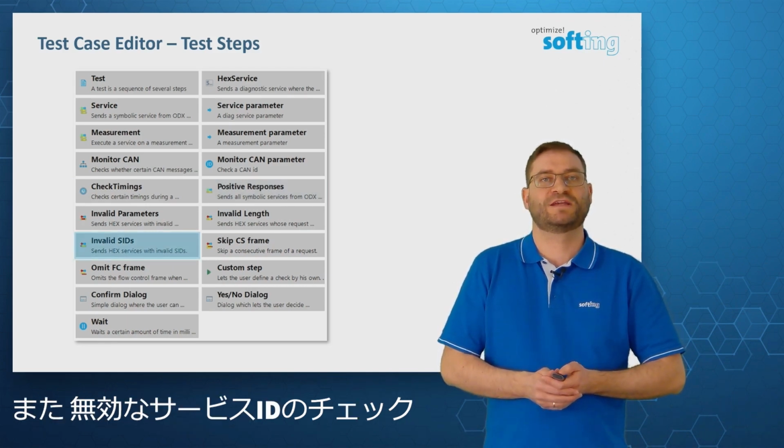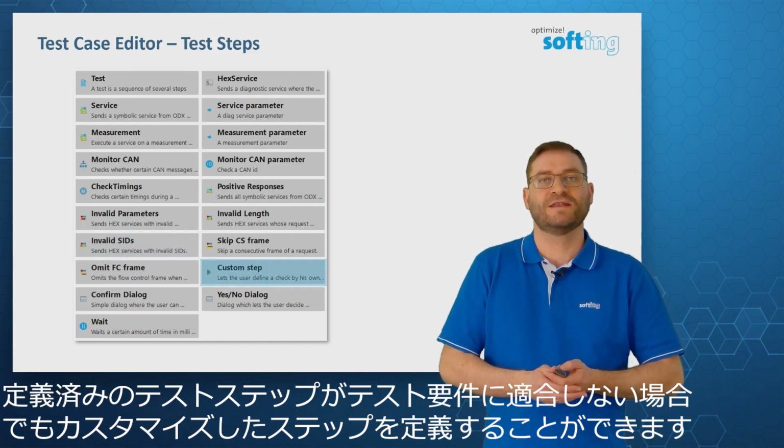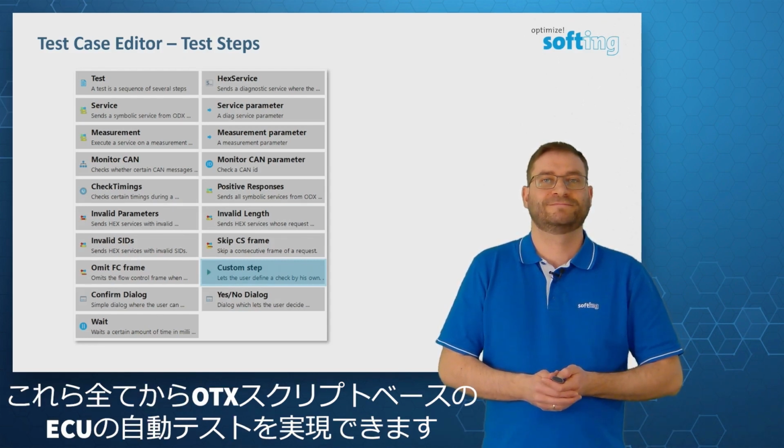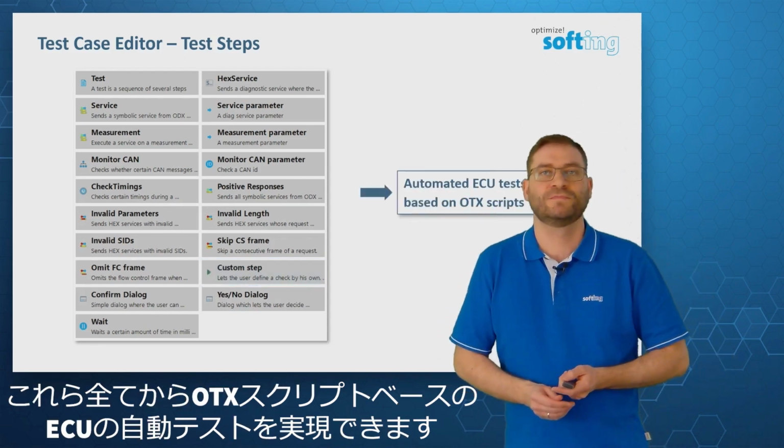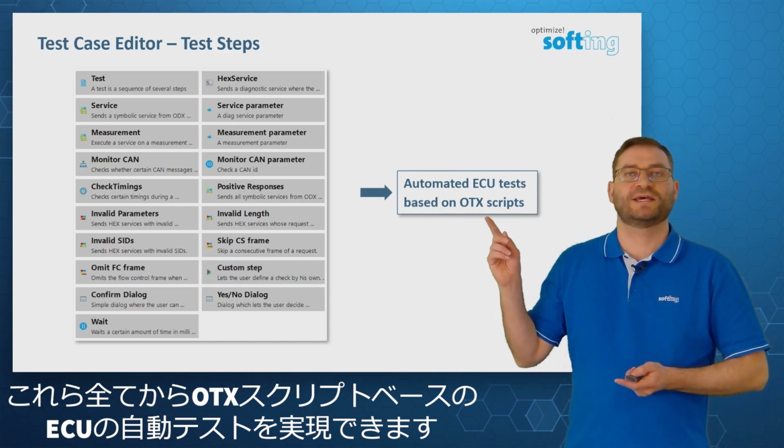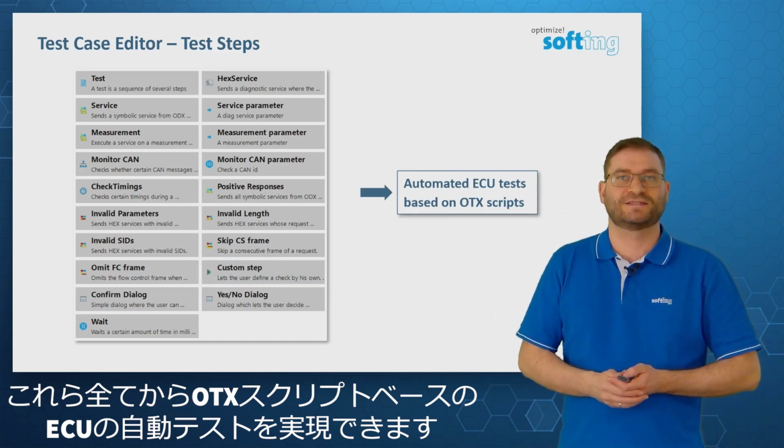Then we can check invalid service IDs, and if none of the predefined test steps fits the test requirements, we can still define customized steps. Altogether, we get automated ECU tests based on OTX scripts.